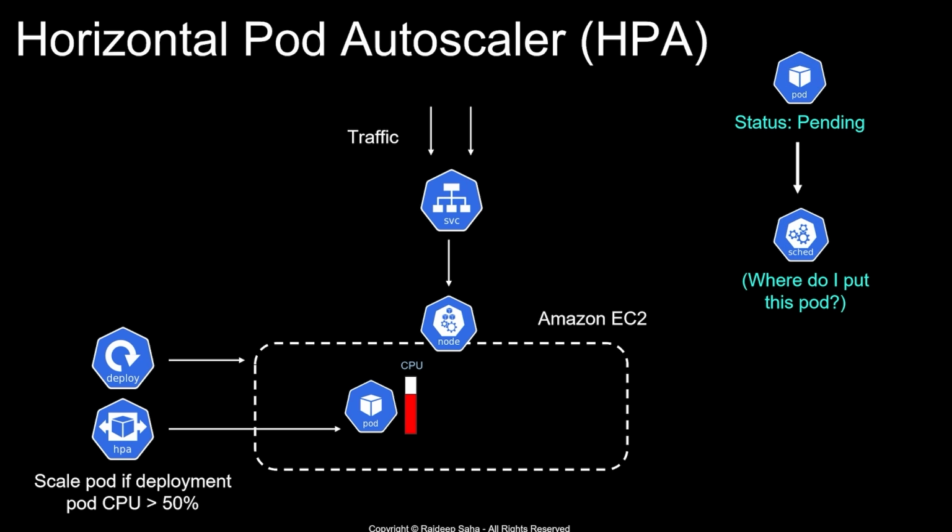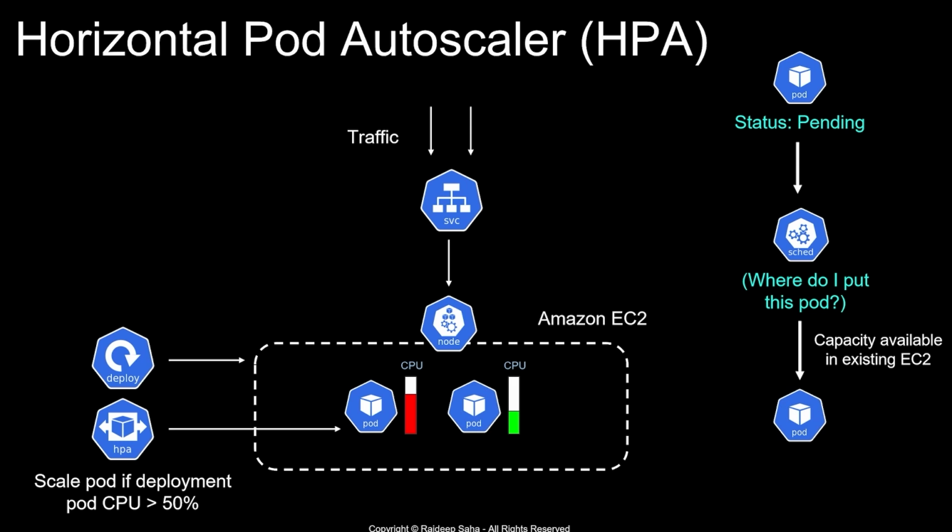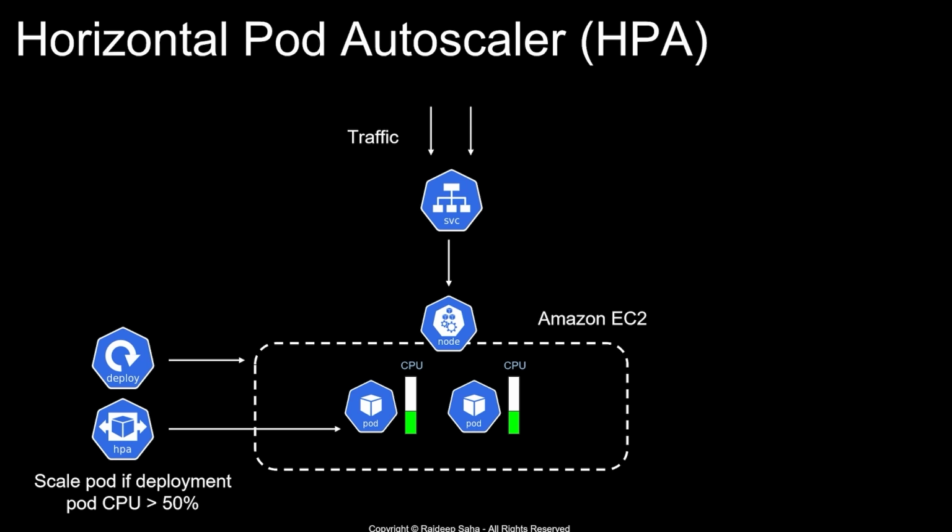And then kube scheduler or scheduler, which is running in the Kubernetes control plane, comes in and tries to find a node for this pending pod. In this case, the running Amazon EC2 has some capacity left. So scheduler will see there is some capacity available in the existing EC2 and it will schedule the pod and the pod status will go from pending to running. And then this second pod will also serve traffic and the average CPU utilization will go down.